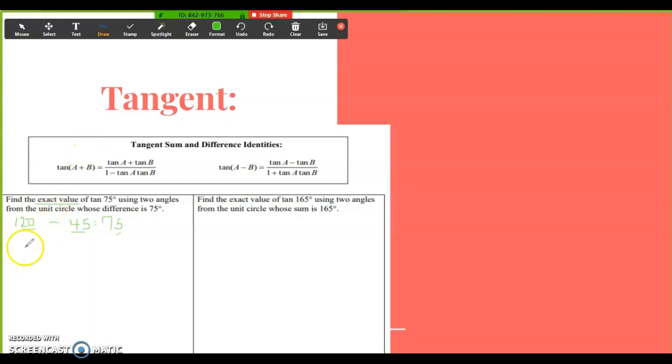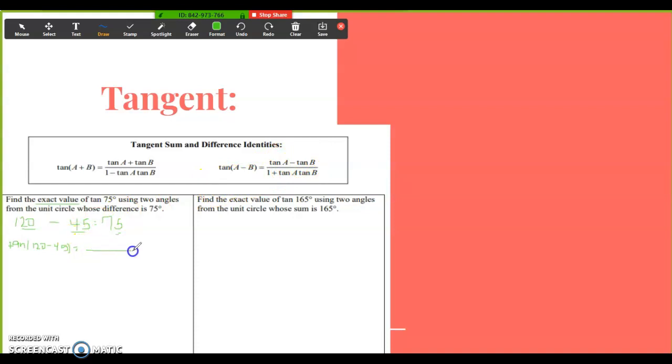All right, so let's go ahead and work this out using the tangent formula. So I would have the tangent of 120 minus 45, and I'm just going to substitute into the equation for difference. Angle A is going to be 120, angle B is going to be 45.